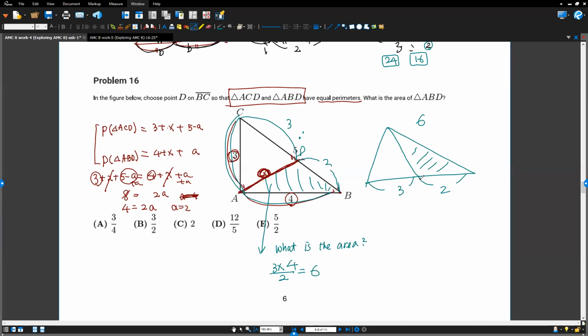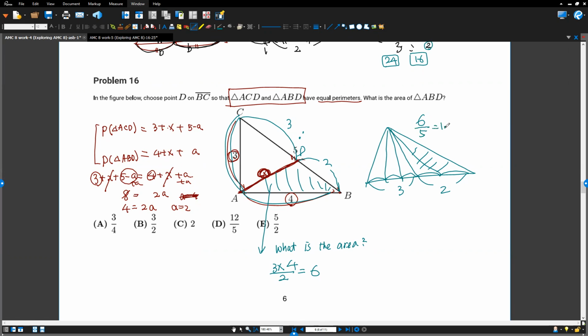The area of that is 2 times x divided by 2. There are 3 to 2 that you can make, right? 5 equal triangles. Is it okay? 1, 2, 3, 4, 5 equal triangles. So you can divide it by 5.